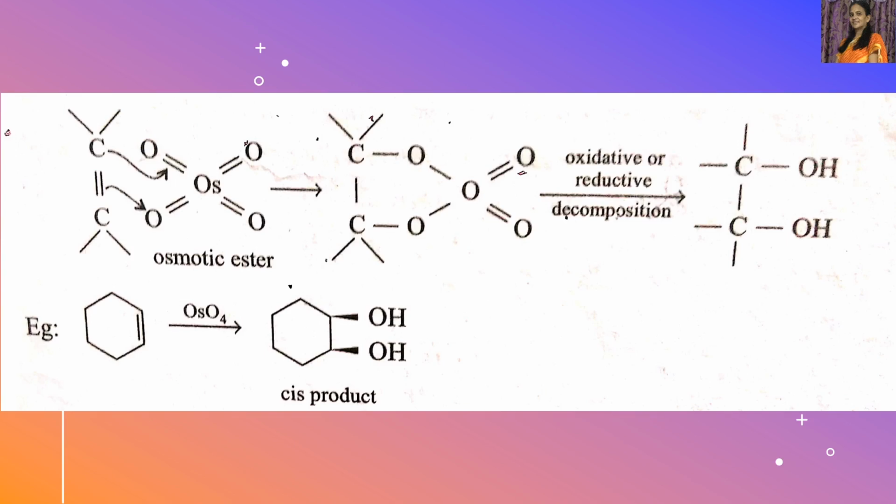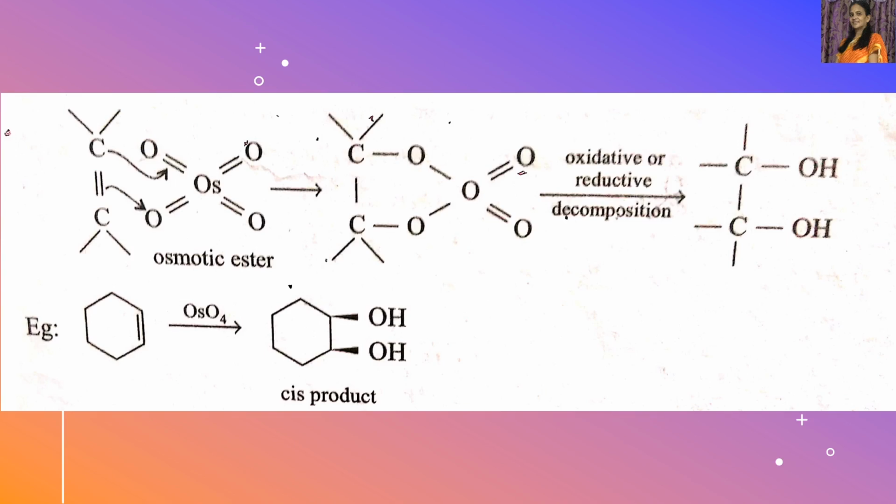This cyclic osmate ester undergoes either oxidative or reductive decomposition, and this bond breaks to form a syn or cis glycol. Here the specific example we have given is a cyclohexene.